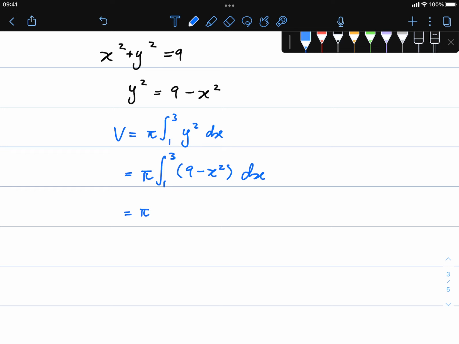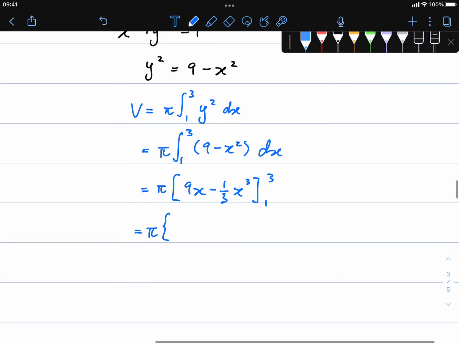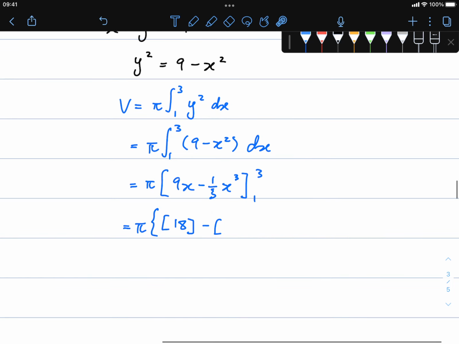Integrating this, we get 9x minus 1/3 x cubed from 1 to 3. Substituting 3, we get 9 times 3 is 27 minus 1/3 times 3 cubed, which is going to be 18, minus, substituting 1, we get 9 minus 1/3.